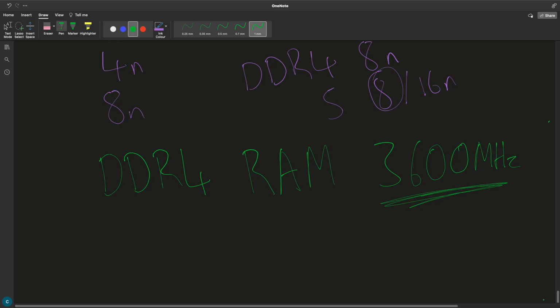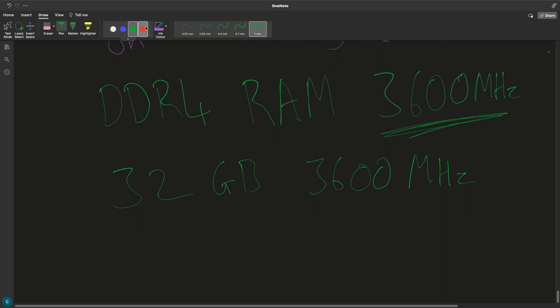Now, if you have something like 32 gigabytes at 3,600 megahertz, you might just about get faster, but you probably won't, of having sort of 16 gigabytes of DDR3.